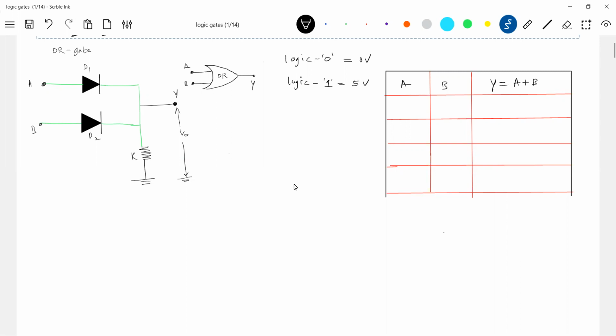So if you look at it practically, this is theoretical. Practically what will happen? Practically logic 0, anything the value ranges from 0 volt to 0.8 volt, and for logic 1, the value will range from 5 volt to 3.8.